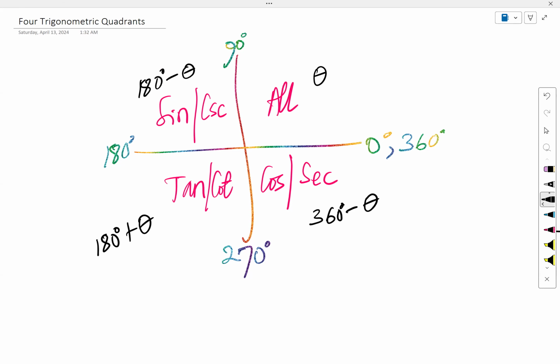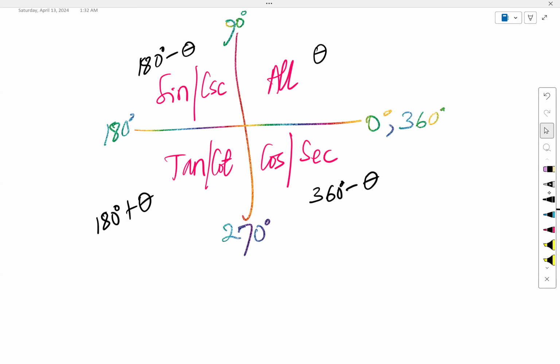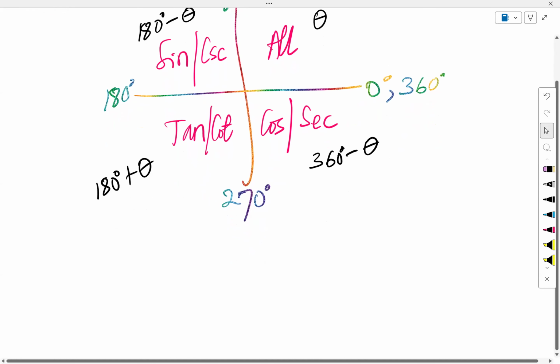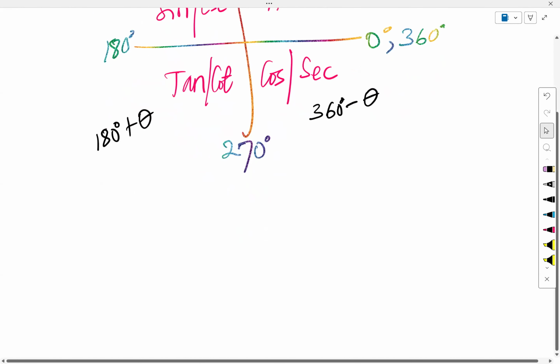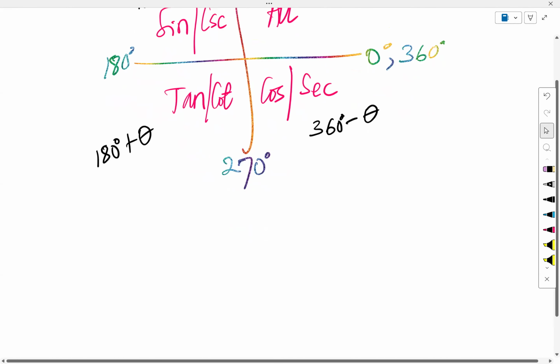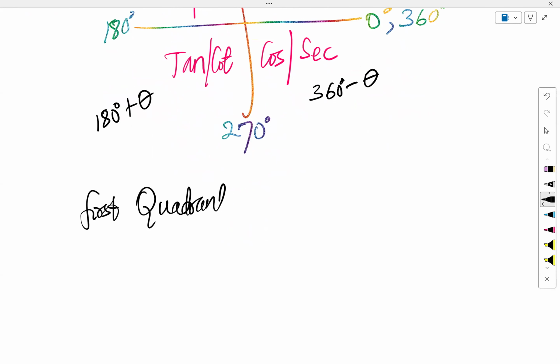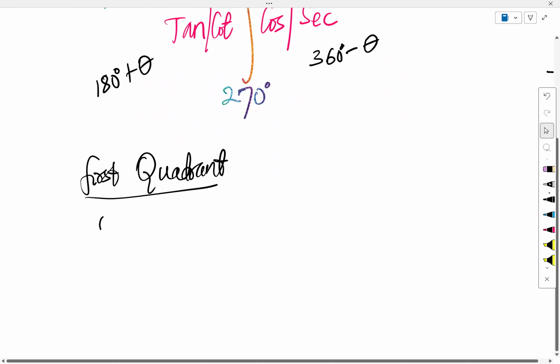Okay, so let's take some examples. Let me use 45 degrees as a very good example. Let's take a first quadrant angle first. Thankfully, we've done special angles in the previous video. So in the first quadrant, let's take it that the angle is 45 degrees.